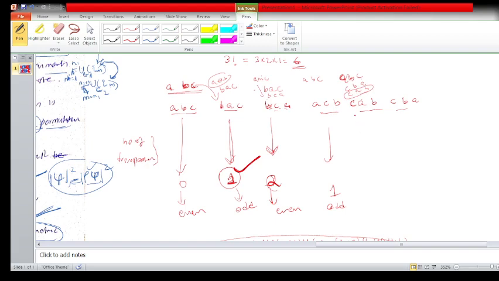So we have two transpositions, which means even.